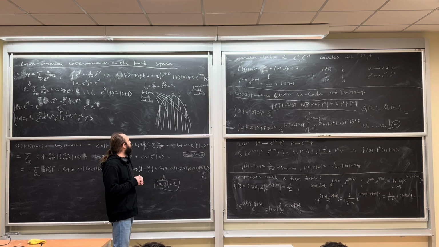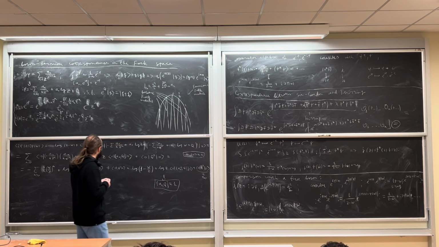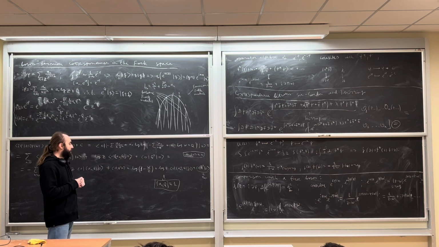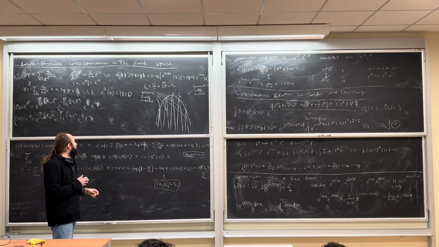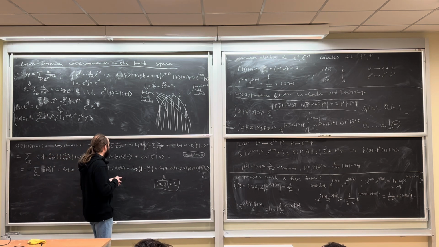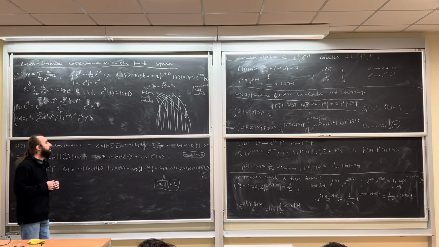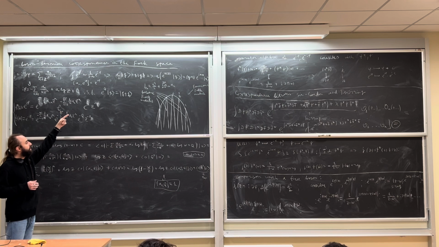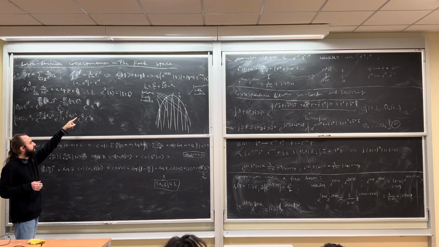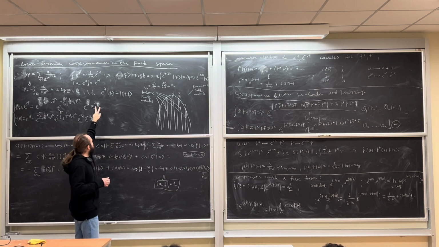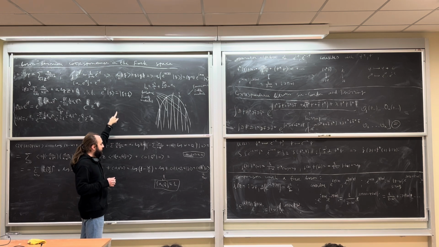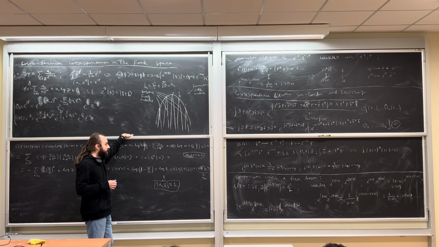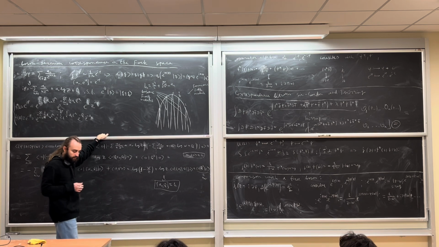So we see that Q is canonically conjugate to A0, and this is also consistent with the property that the operator e to the Q shifts momentum by 1.